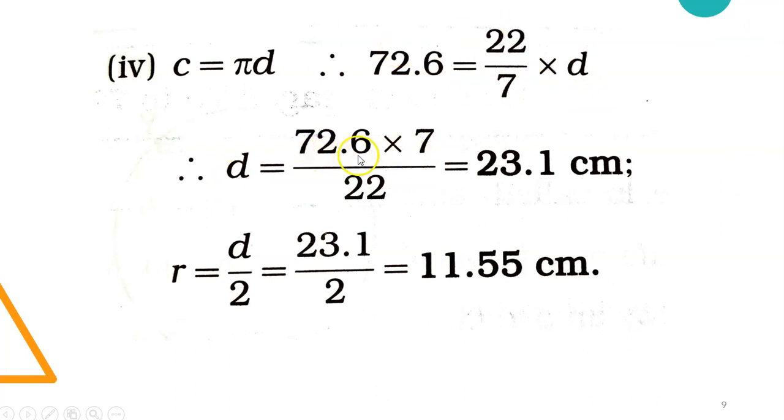I get 72.6 into 7 upon 22. When I solve this further, I get the answer as 23.1 centimeters. This is the diameter. So now I have to find the radius. Radius is diameter divided by 2. So 23.1 divided by 2, I get the answer as 11.55 centimeters.